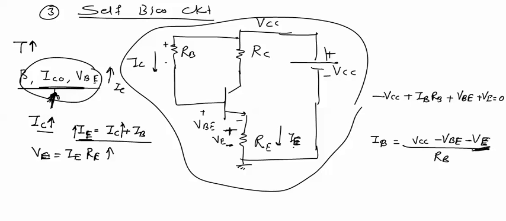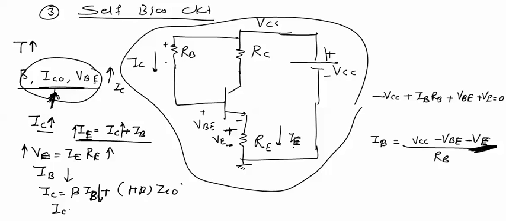If this voltage increases, then from this equation we can see that with increase in VE, IB decreases. If IB decreases, IC is equal to beta into IB plus 1 plus beta into ICO, then IC again decreases.